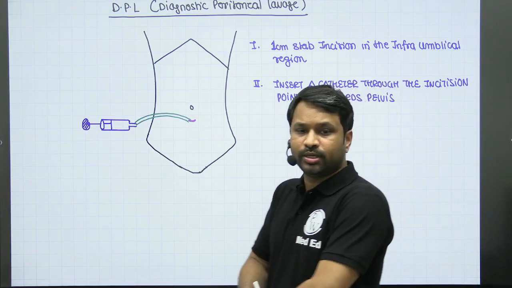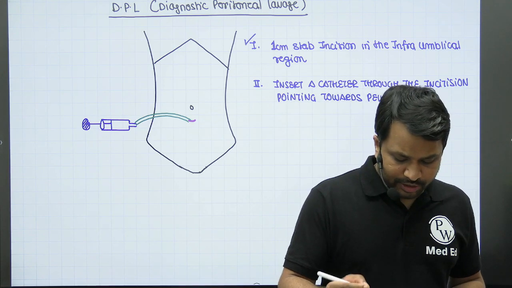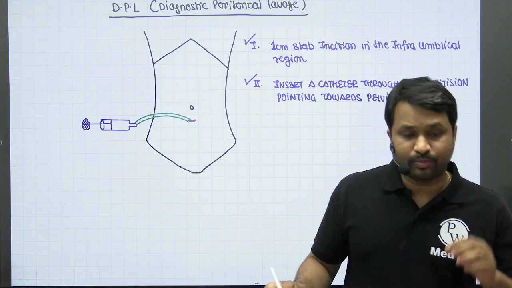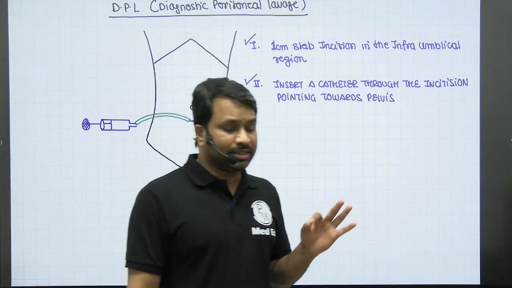So give a 1 centimeter stab incision in the infraumbilical region, and insert a catheter, directing it towards the pelvis.